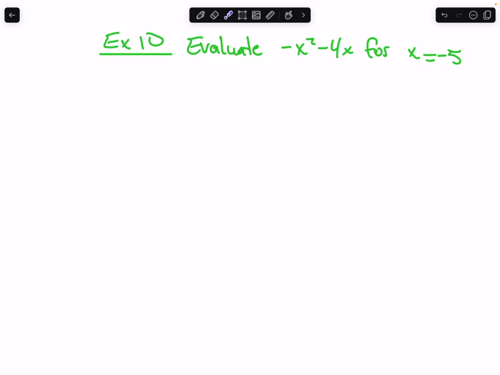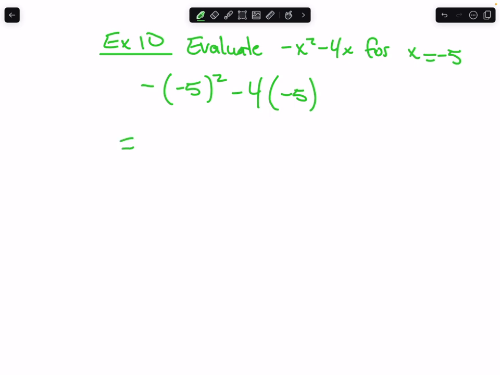So in this case, we want to plug in our value for x, which is negative 5, everywhere we see an x. Okay, so we'll plug in negative of negative 5 squared. Again, x is negative 5, so we're squaring that, minus 4 times negative 5, which is negative 4x.